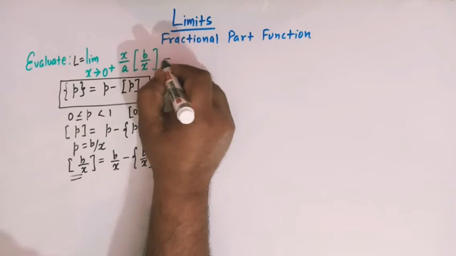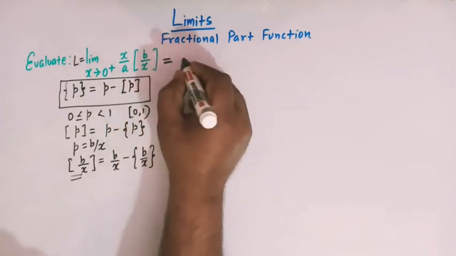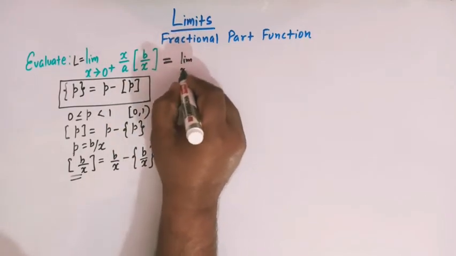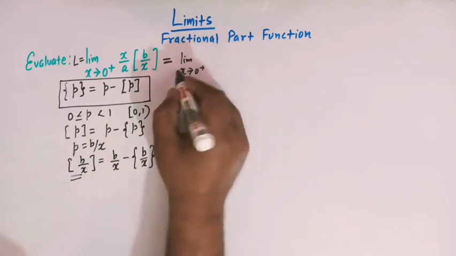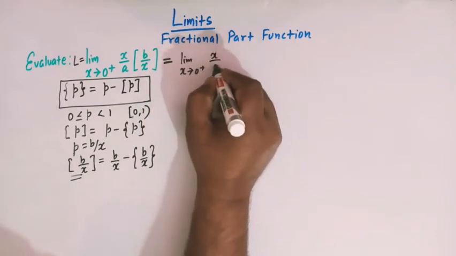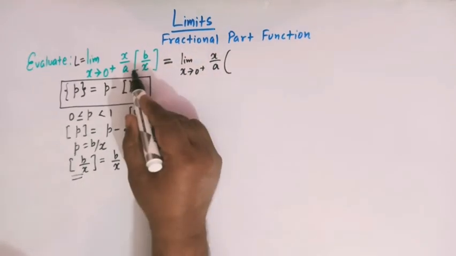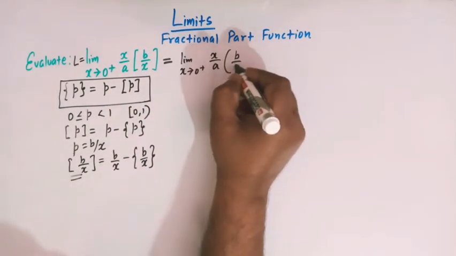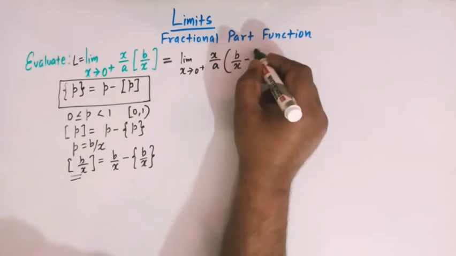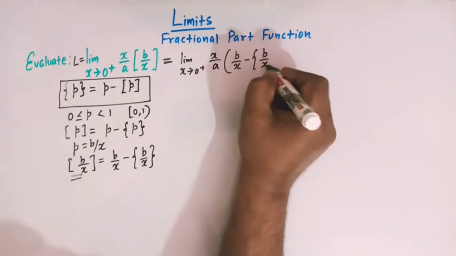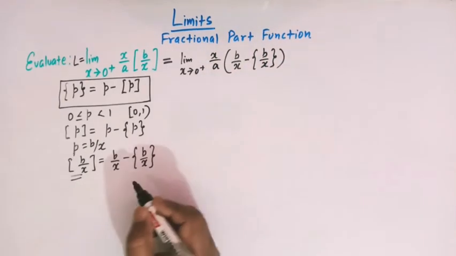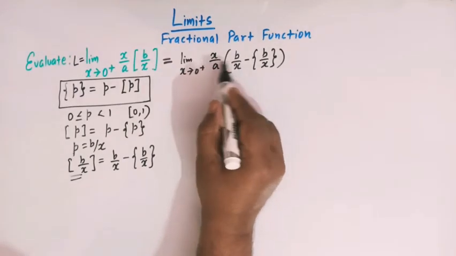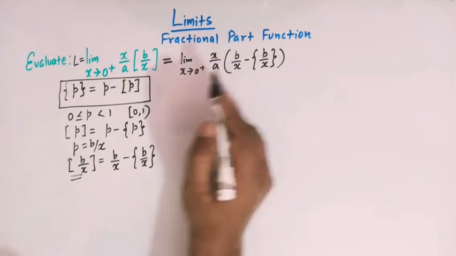So now this limit L becomes limit x tends to 0 positive of x over a, and for the greatest integer of b over x we can write b over x minus the fractional part of b over x, right? Now we'll multiply these two terms with x over a.